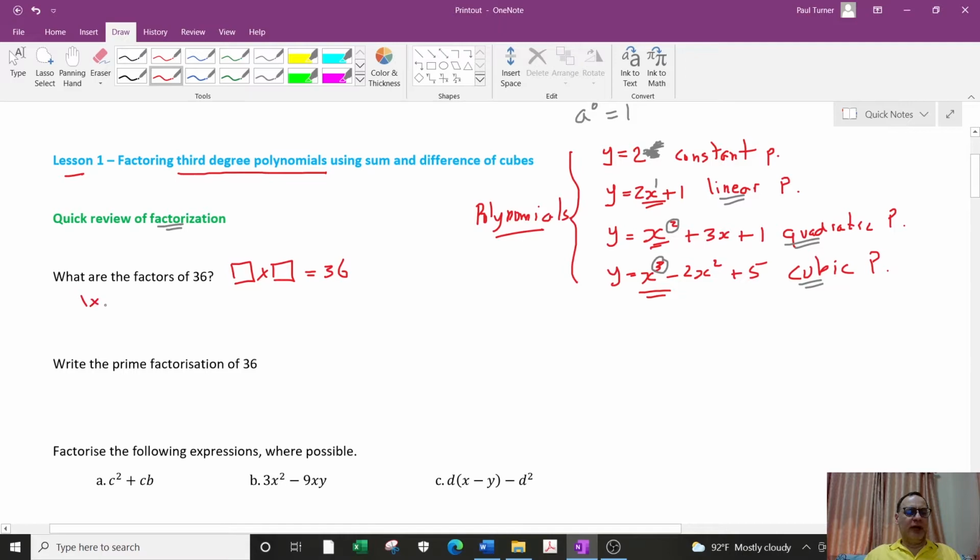We could have 1 times 36, 2 times 18, 3 times 12, 4 times 9, and the last one, 6 times 6. Okay, so all of these numbers are factors of 36.